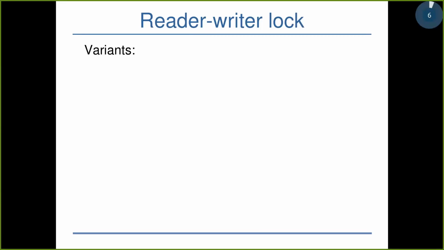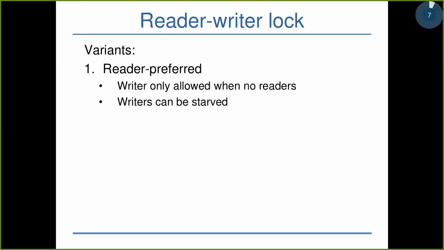So there are different variants of reader-writer locks. One variant is reader preferred, so a writer is only allowed when there are no readers. So writers can be starved. Why can writers be starved?